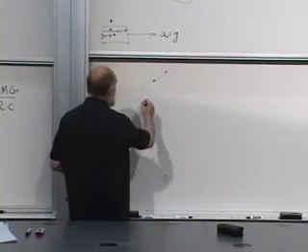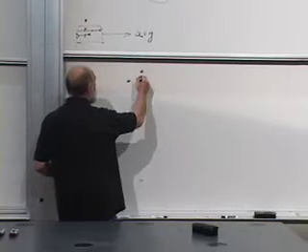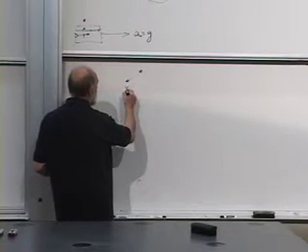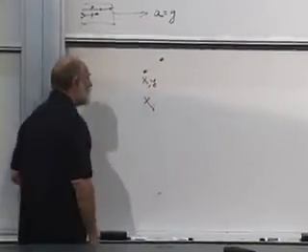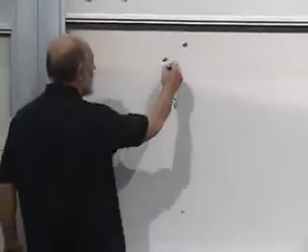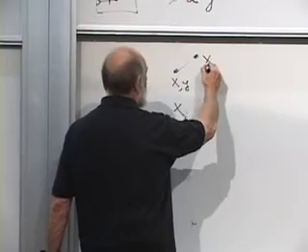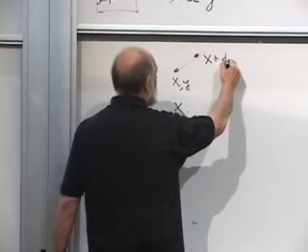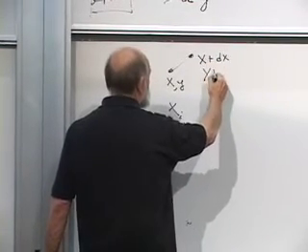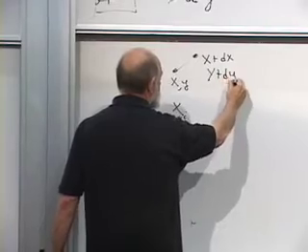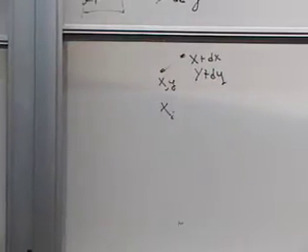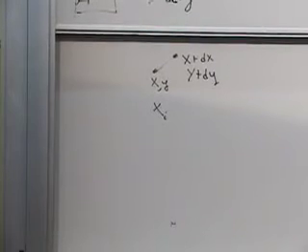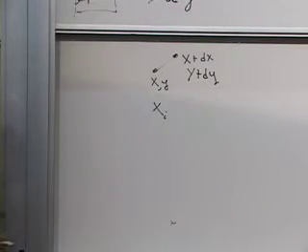Let's take a pair of points. Let's characterize them by coordinates x and y, or just let's call them x sub i, where i runs from 1 to 2. And here's another point at position x plus dx and y plus dy. Two points separated by a differential distance dx and dy. What's the distance between them?